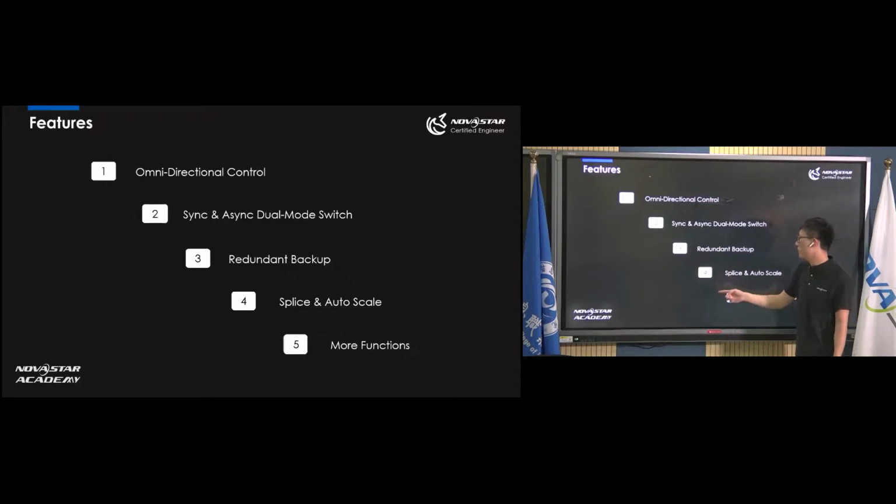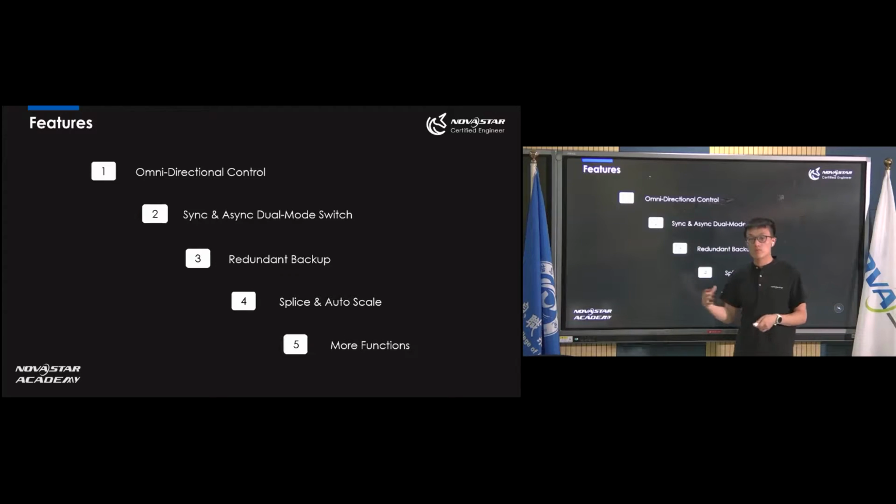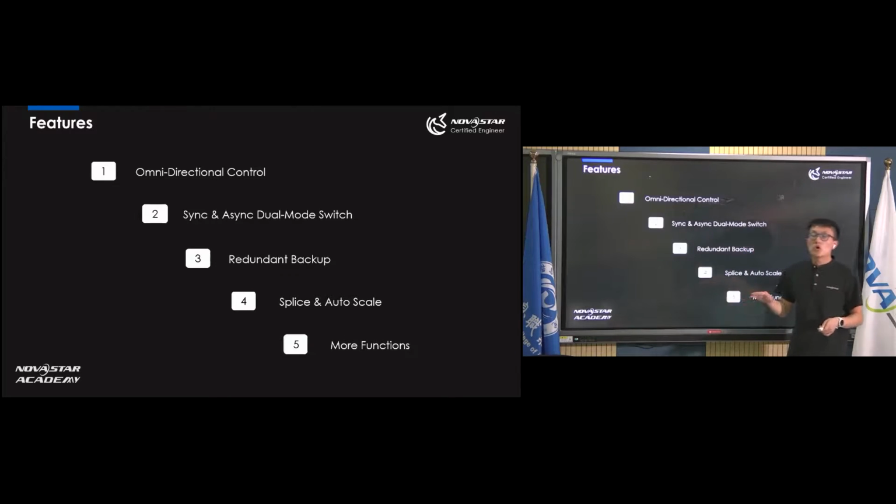And the fourth part is splice and auto scale. You may see many projects where the LED screen is bigger or smaller than your video source input. So normally, with a synchronized device such as M control, you need to use a video processor before it to adapt the video source to suit your LED screen.